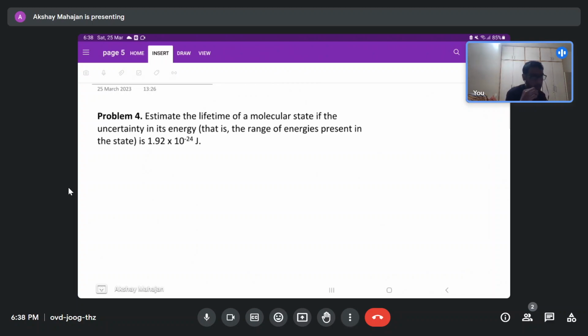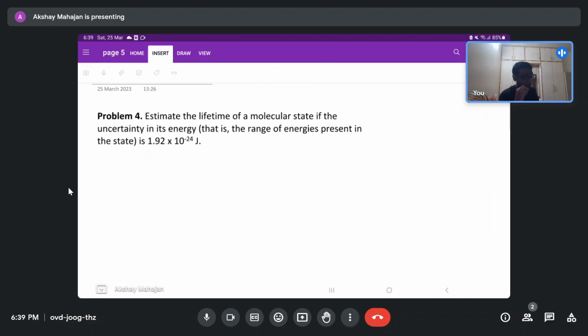So as discussed in the class at the end, when we discussed the Einstein coefficients, we know that if the system has a particular lifetime, like it doesn't have an infinite lifetime, where the system would remain in this state forever until some perturbation is applied, then the system doesn't have a fixed energy.